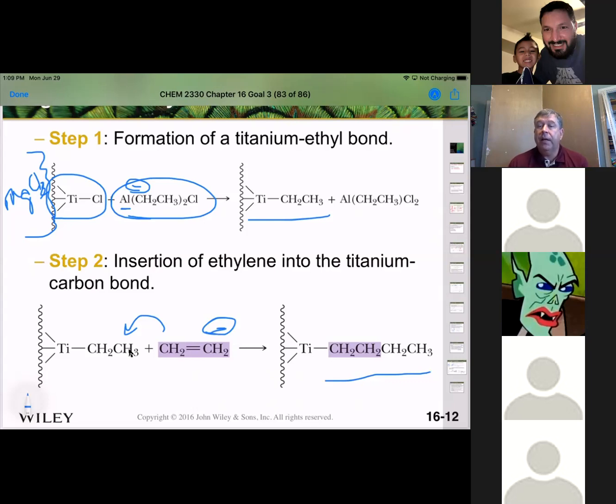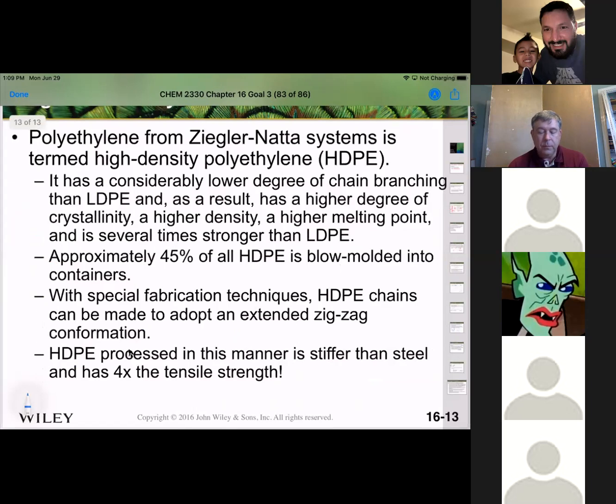And remember, chain growth means we do not lose any atoms when we build this. And so we're not losing any atoms after we've lost this one hydrogen to start the chain. We just keep growing and growing and growing. Okay, so this is used a lot in making high density polyethylene because it decreases the number of branches.